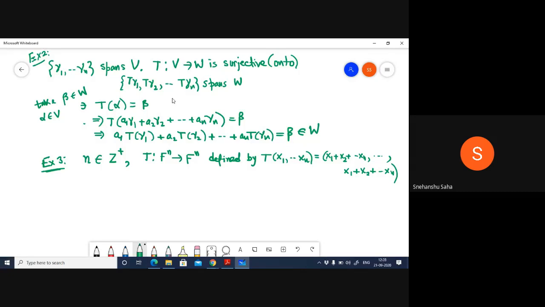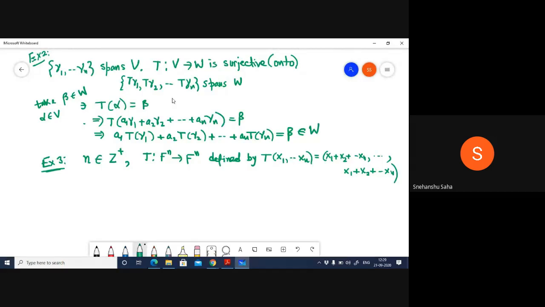What you see on the right hand side is that every component that is getting outputted to the target space is identical: x1 plus x2 plus x3 plus all the way up to xn. Every component.